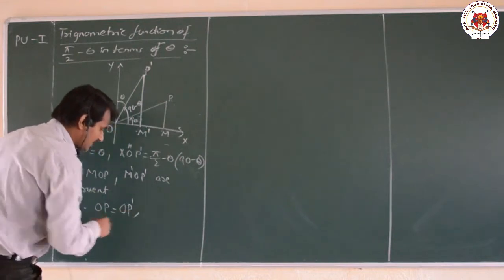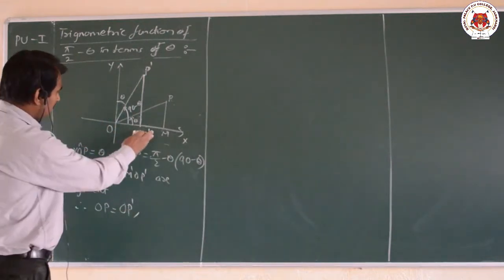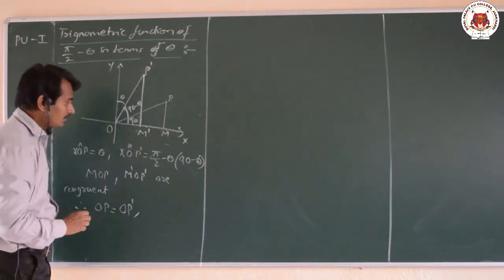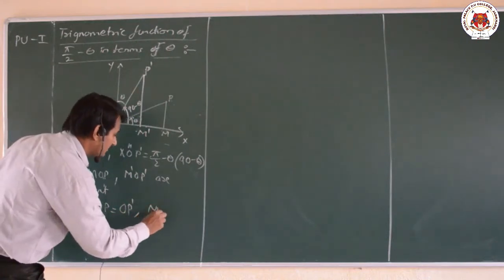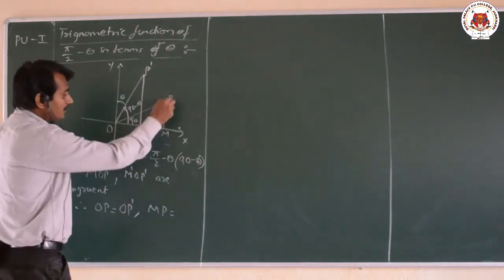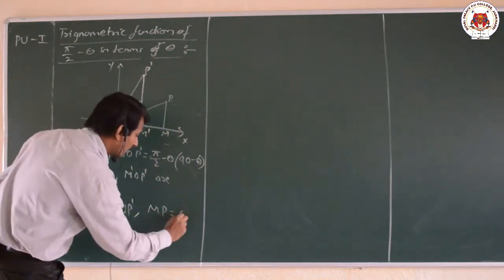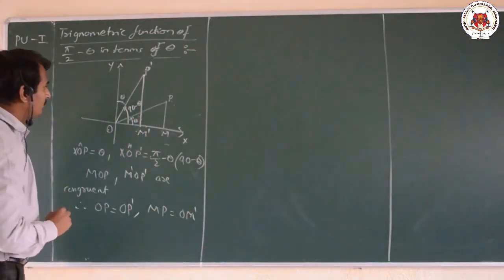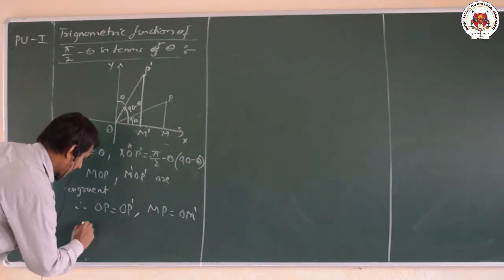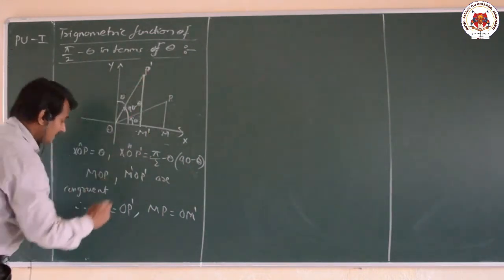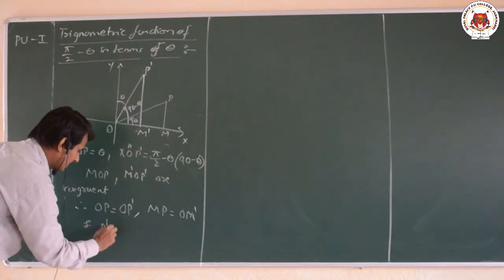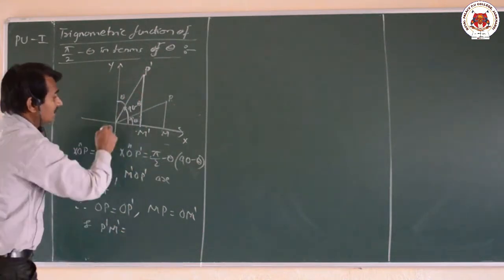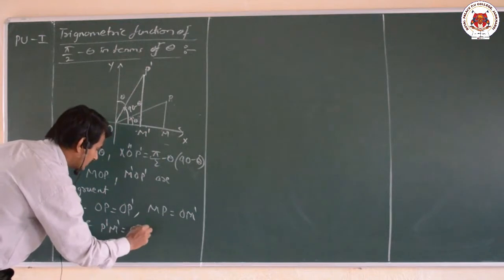The next thing is, since these two triangles are congruent, MP is equal to OM dash. And one more thing, P dash M dash is equal to OM.